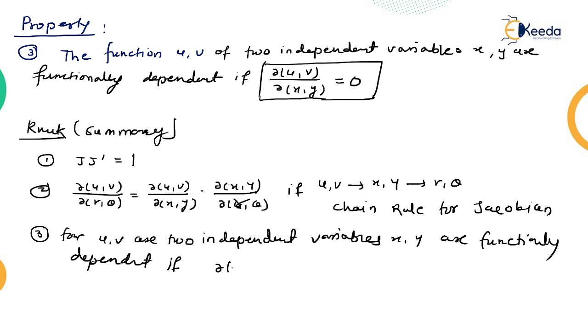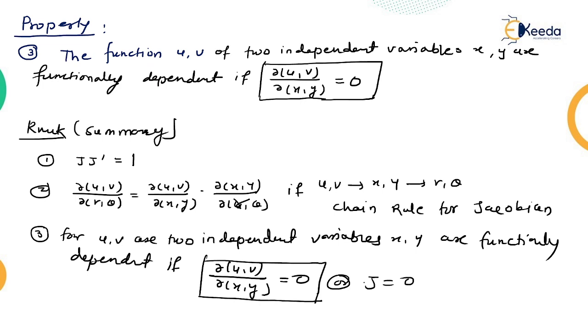What is that result? ∂(u,v)/∂(x,y) is equal to 0. If this Jacobian is equal to 0, then we say u and v are functionally dependent. I hope you understand the definition of Jacobian and what the properties of Jacobian are.